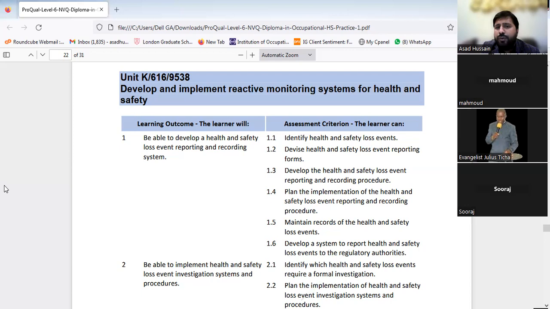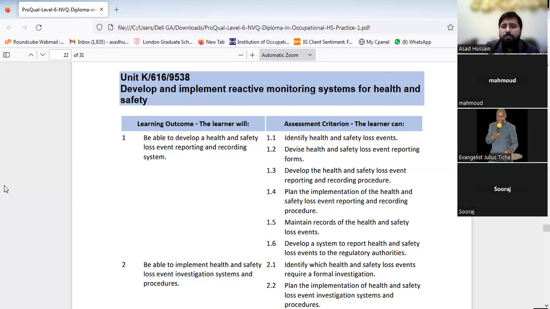Now, all of you know that it is a regulatory requirement that you have to report and record any accident, any incident that happened in your workplace. So it is asking how you are reporting the accidents and incidents to the regulatory authorities.